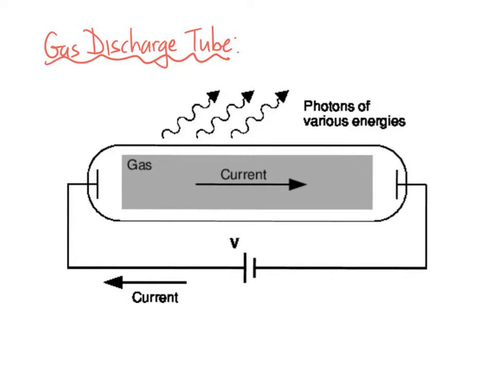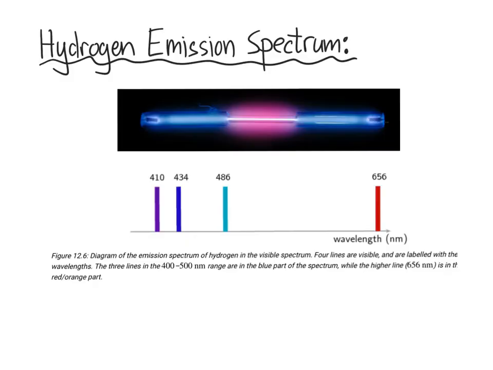Now, when it comes to a gas that's being excited, the electrons that are excited behave in such a way as to produce various color photons, not necessarily only one color, and there's a reason for that which we'll soon enough find out about.